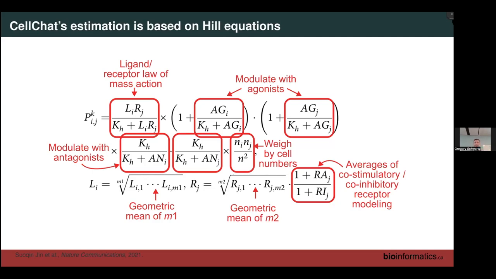communication scores. Yes? Does this take into account the distance from one cell to another, or no specific? Okay. No, and that's important for the second half of this talk. But yes, that's a huge problem, which can potentially lead to a lot of false negatives and positives. But CellChat version 2, I believe, is on bioRxiv, and they're purporting to take that into account.